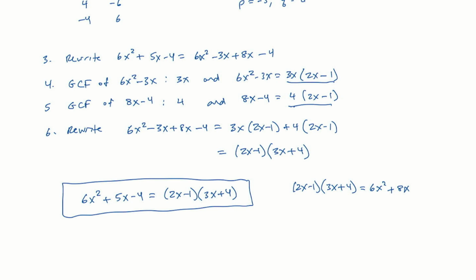We multiply minus 1 times 3x, we get minus 3x. Minus 1 times 4, and we get minus 4. Combine the 8x and 3x, so we have 6x squared plus 5x minus 4, and that's what we were to factor, and so our answer checks. We know we are correct.